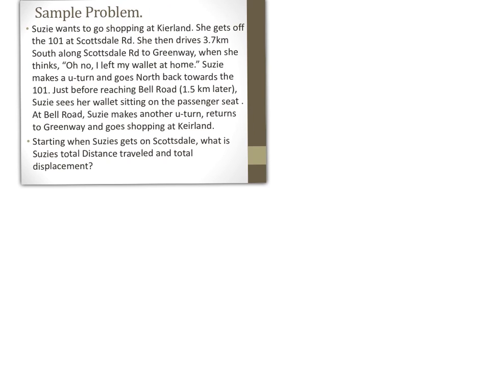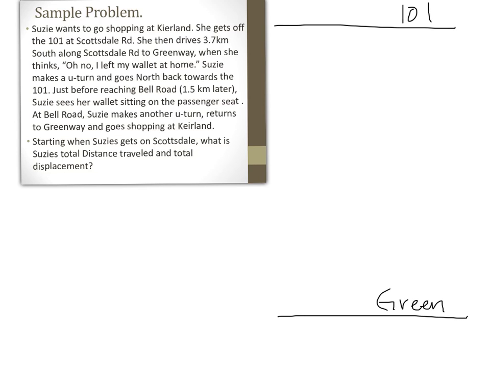A lot of times with these, it helps if you draw pictures. So let's make this position up here 101. And then we know from there, she's going to go to Greenway. And somewhere in the middle between those is Bell Road.